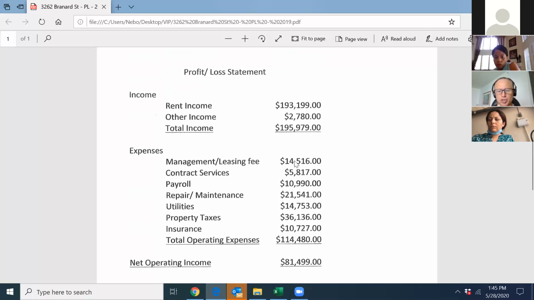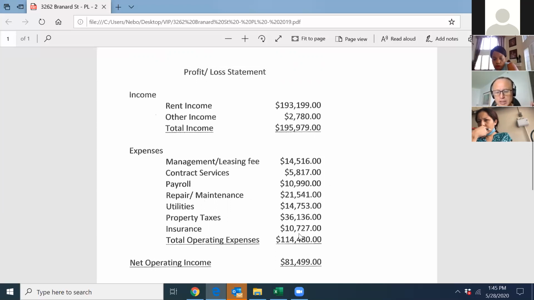They did put a leasing fee, which I didn't catch at first. The payroll and management amount is very good, in fact it's a lot, 24,000, but it looks like they've been honest there. Contract services, repair and maintenance seem realistic to me. 24,000 for 18 units is a pretty good number, but you never know whether they have capital improvements or not.